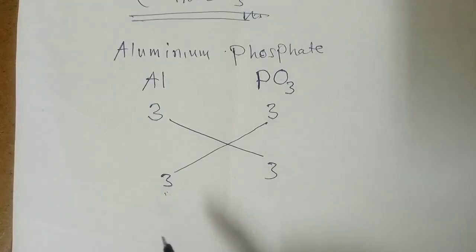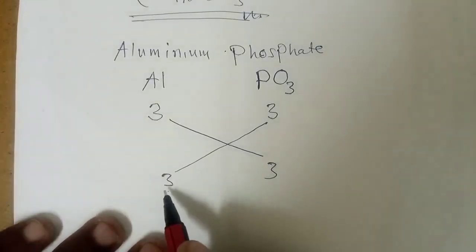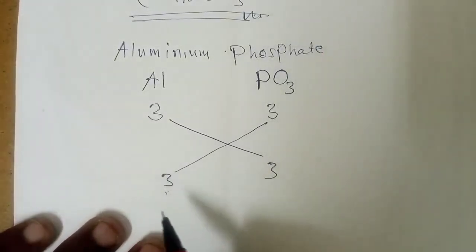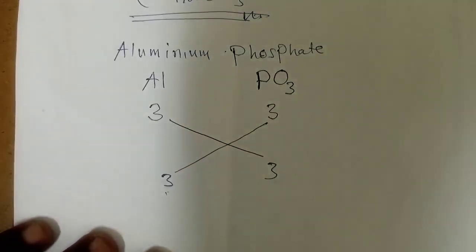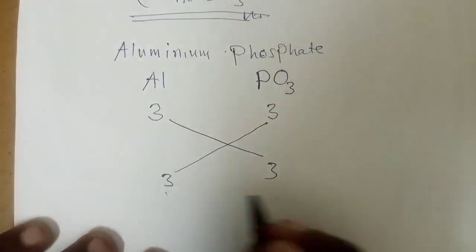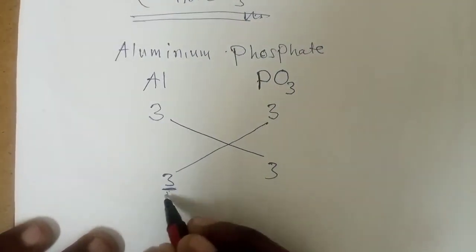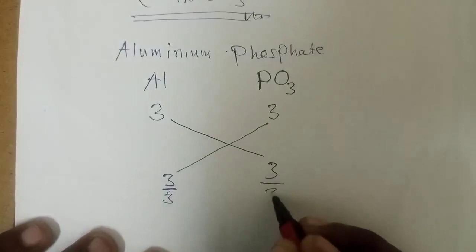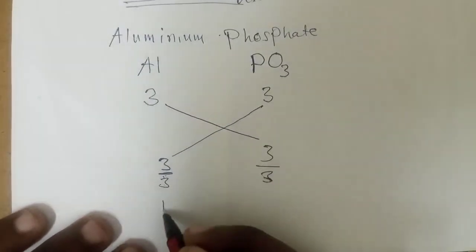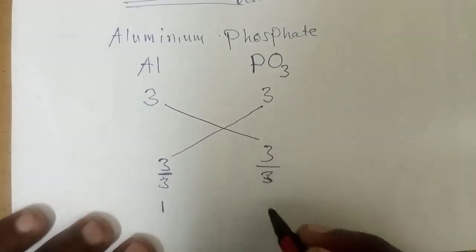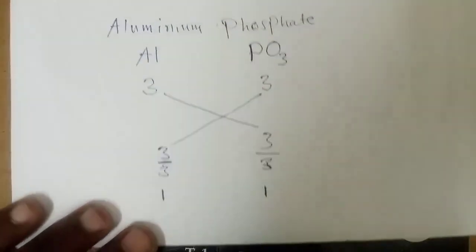So the highest factor that we can divide in this, for it to give you the correct answer, is 3, in both sides. 3 into 3 gives you 1. 3 into 3 gives you 1, like that.